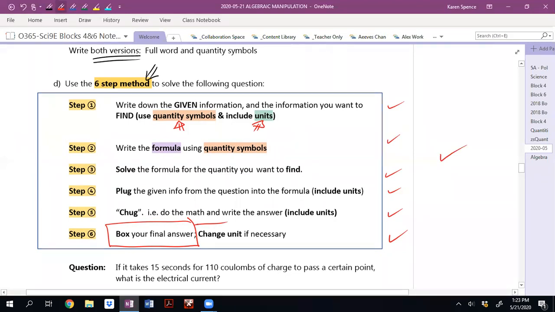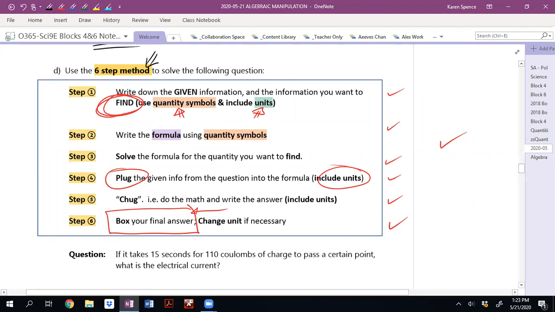A lot of people forgot to box their answer. A lot of people forgot to include their units when they were plugging in. And a lot of people showed me the given information, but they didn't show me the find information.